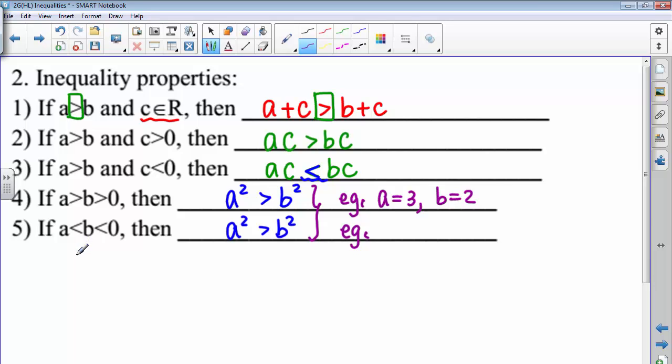For property 5, if I say A is negative 3, B is negative 2, and A is more negative than B, but if you square negative 3, you guys know this one is 9 and this one is 4. So this one also shows me the more negative the number is, the larger the square of this number is. But of course, in those 5 properties, the first 3 are the most important properties that we need to know.